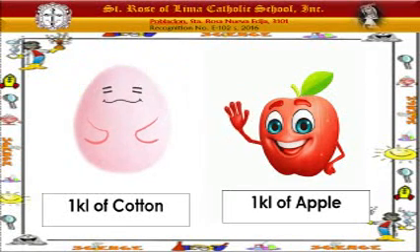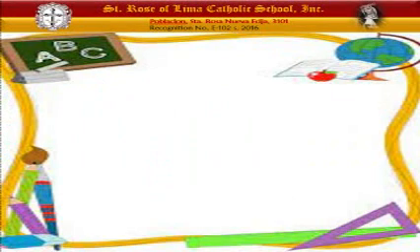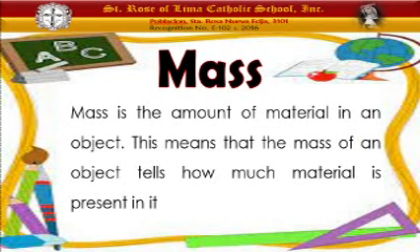Now, there are different materials that you see around. Some materials are similar to one another. Other materials are different. But one thing that is common among all the materials is they have a mass. Mass is the amount of material in an object.